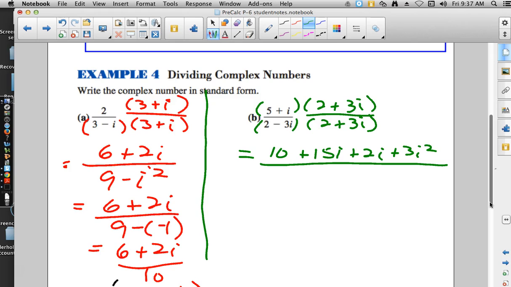Go ahead and multiply the denominator if you didn't already. Matt, you're looking done? Did you get down here? 4 minus 9i squared. Excellent.